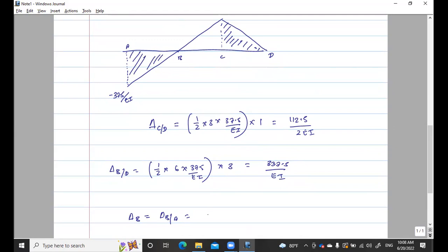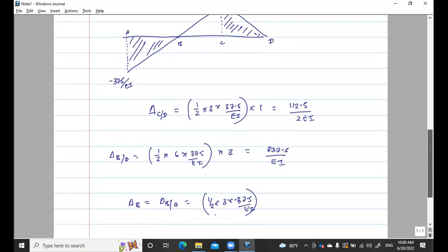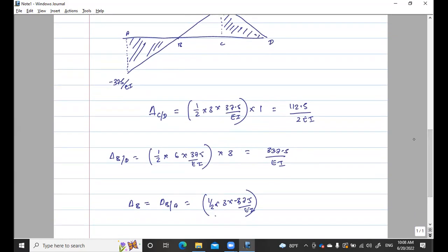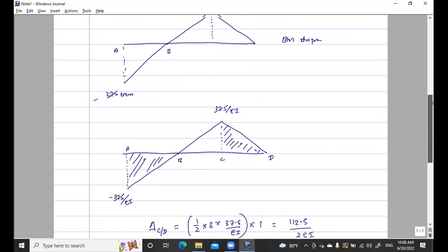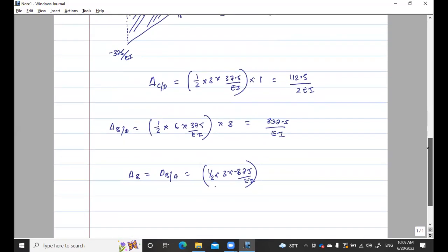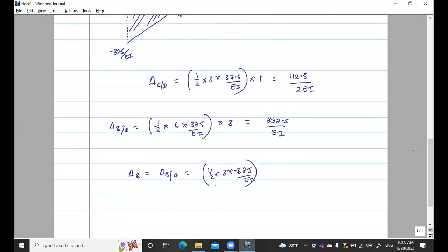So the area is half times 3 times minus 37.5 over EI. And the distance is 2.